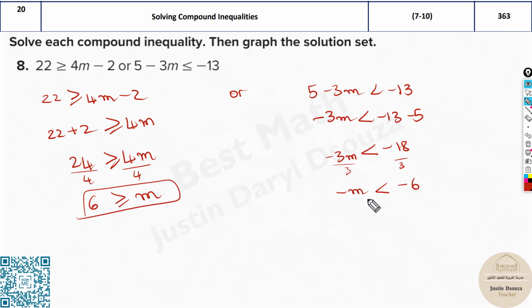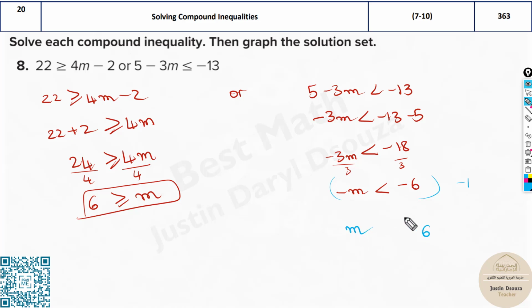But see here, there is a very important rule. When you want to change the minus m variable to the positive, you have to multiply basically throughout by minus 1, isn't it? If you multiply throughout by minus 1, what happens? We multiply minus m by minus 1, it will be positive m.